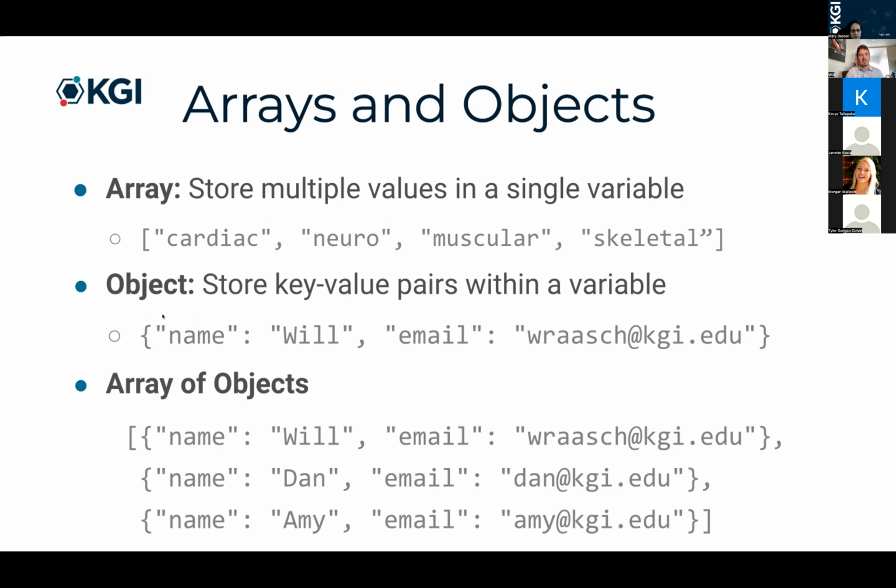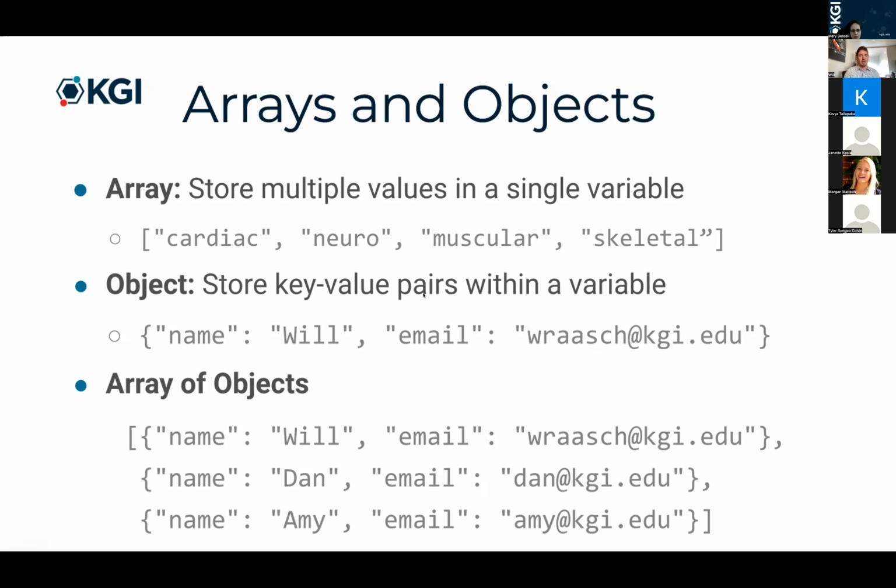So here what I'm saying is the definition of name is Will, and the definition of email is wrosh@kgi.edu. So in this case, if let's say I set my object equal to Will's info, then I can call the name key within Will's info and it will return Will.